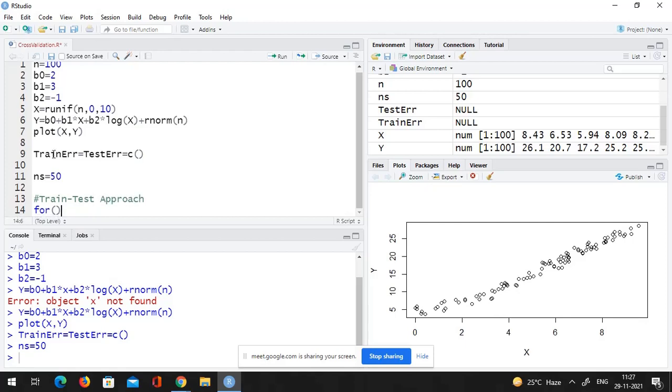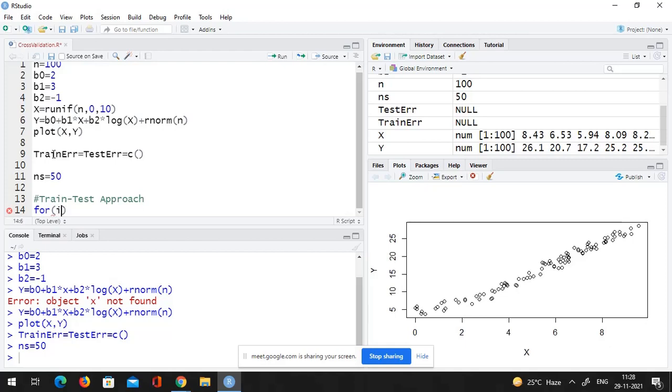So we will divide data into two parts, 50-50% every time, and one part we will consider as train data, another part we will consider as test data, and we'll compute the mean squared error for training data as well as for test data.